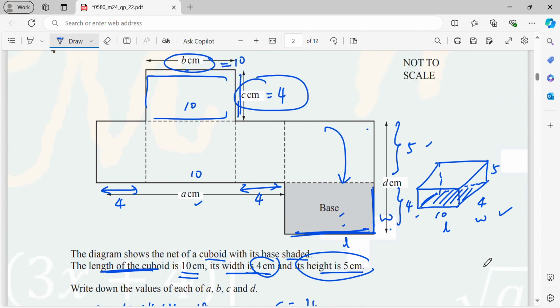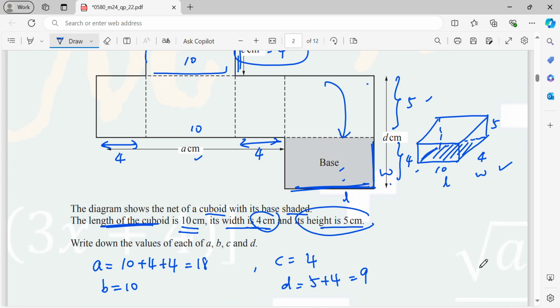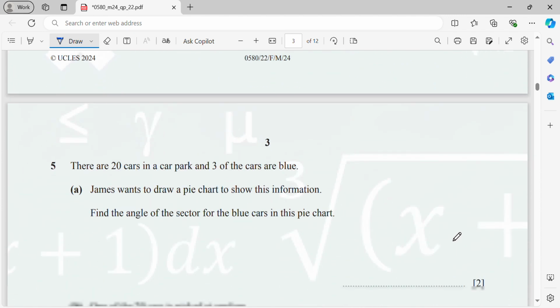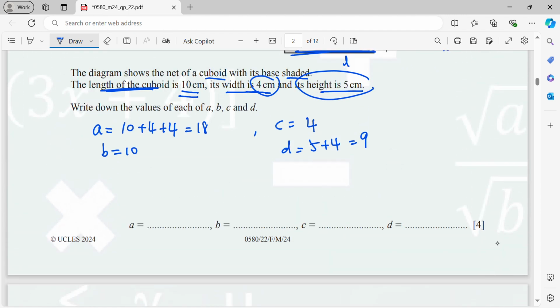So this is how we get the solution of this question. I'm going to write here 18, 10, 4, and 9.